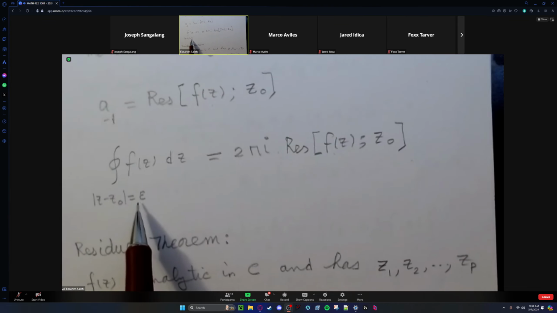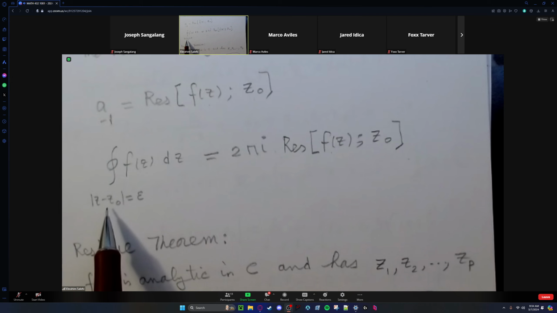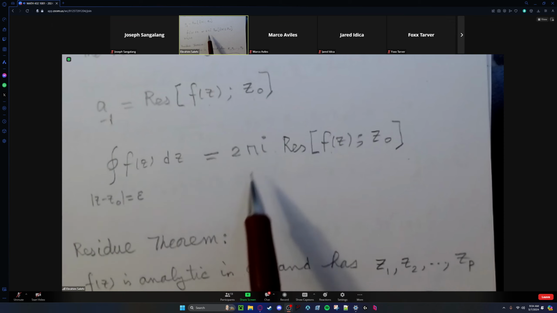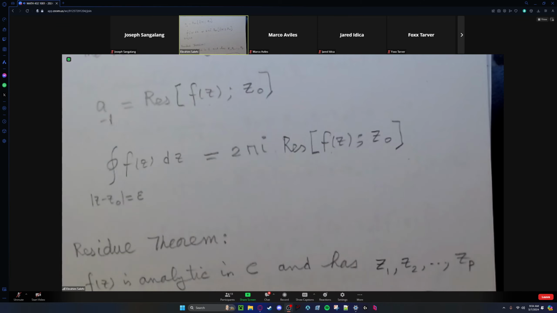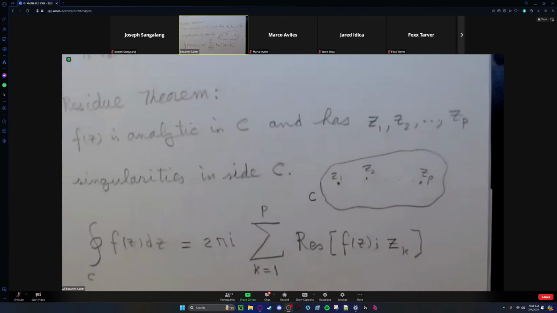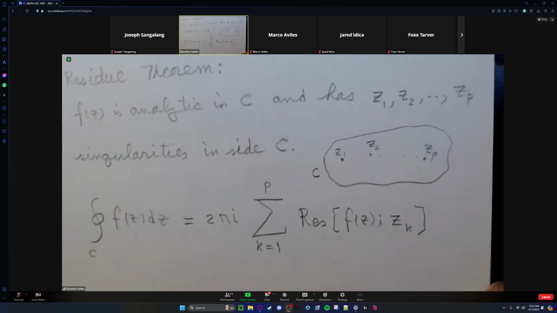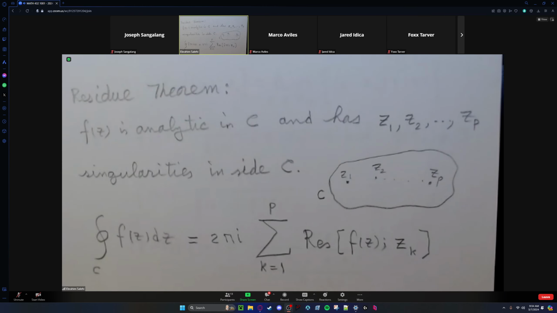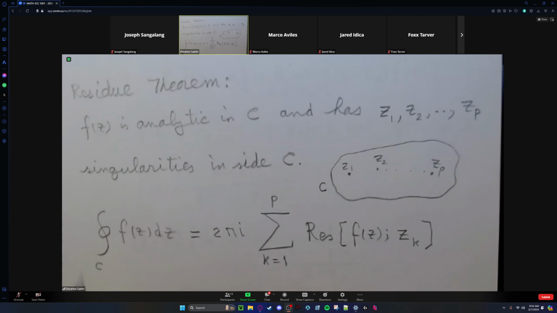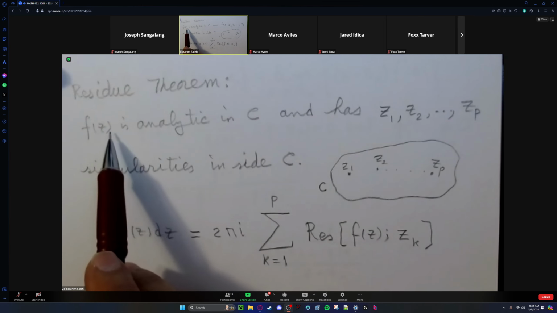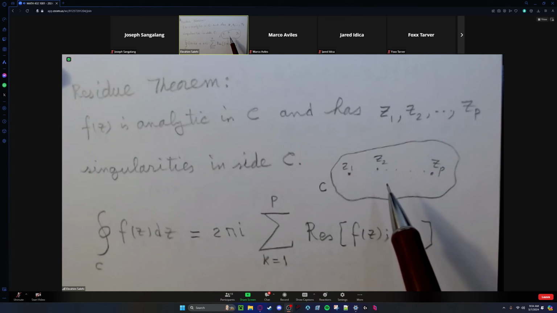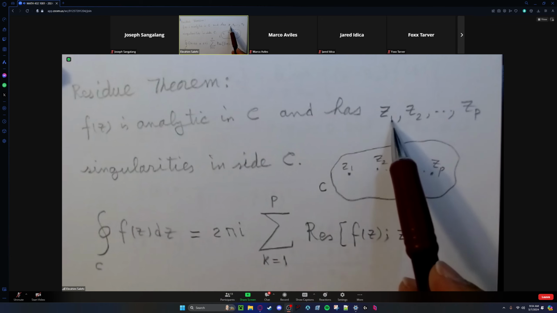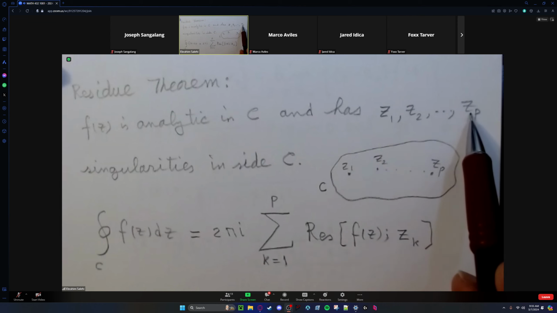And this integration over the closed curve centered at that isolated singularity will be 2 pi i times the residue. So putting these two together, we get this beautiful theorem, which is called the residue theorem. You have a function. You want to integrate over this curve, but there are these isolated singularities inside.